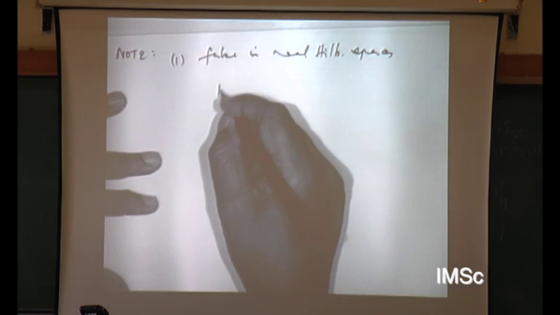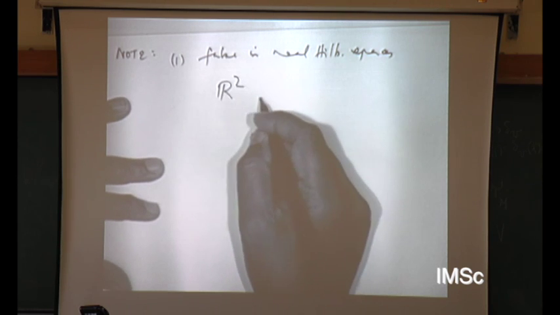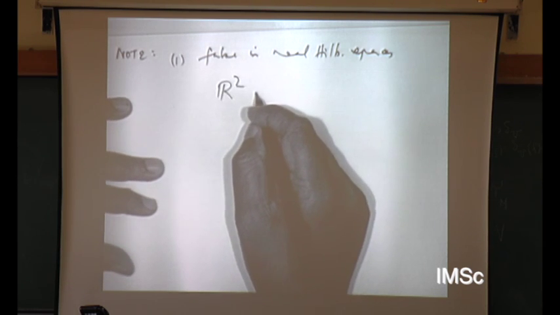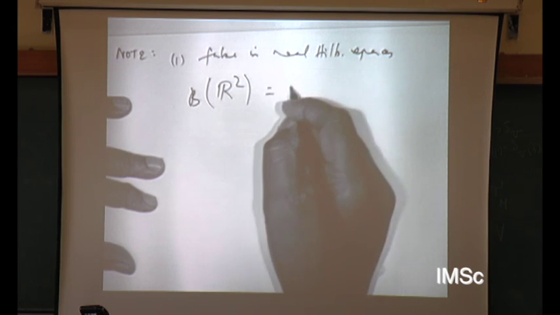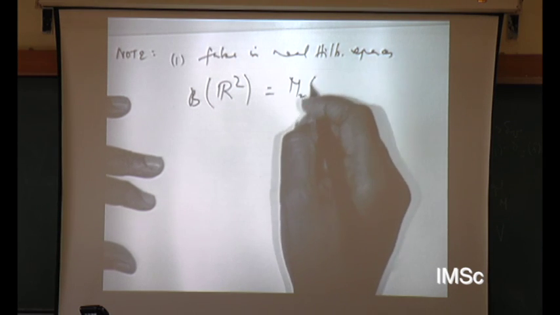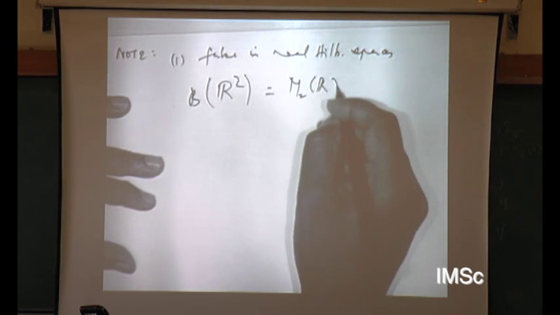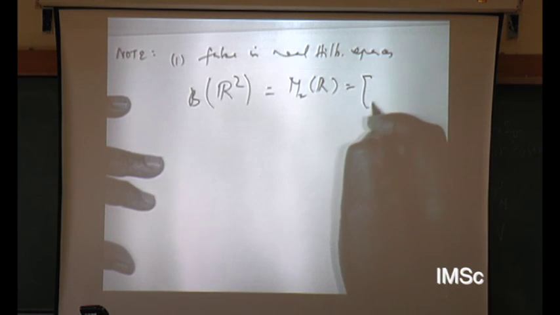Because in R2 you can look at the mapping in B of R2, which is identifiable with M2 of R. You look at this matrix.